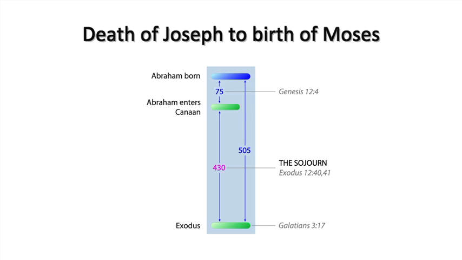Consider the whole time covered by the 430 years that are defined by Exodus 12, verses 40 and 41, and we also saw it in Galatians chapter 3.